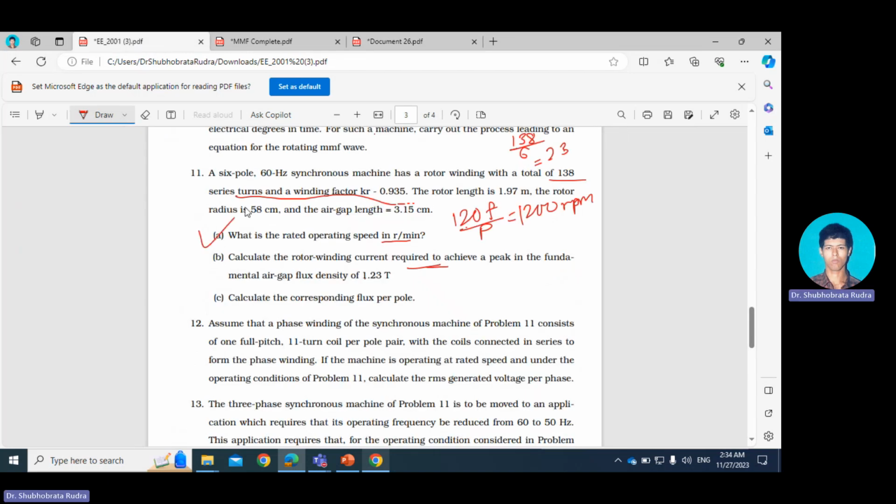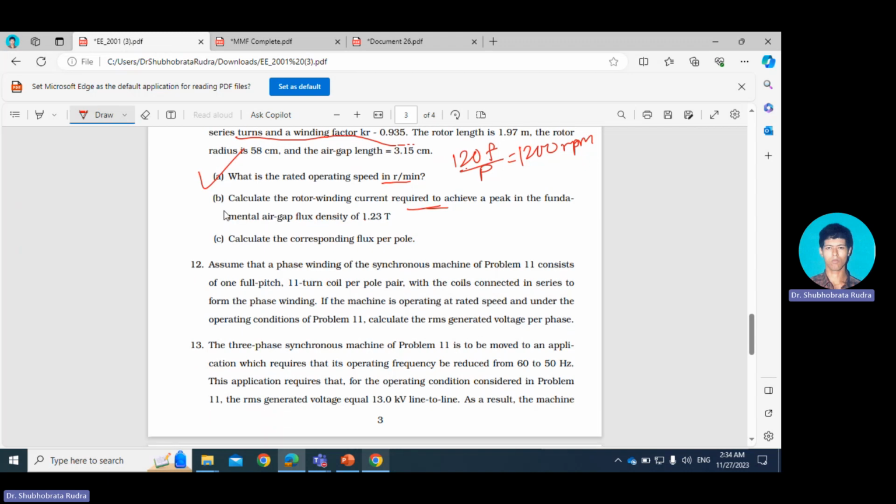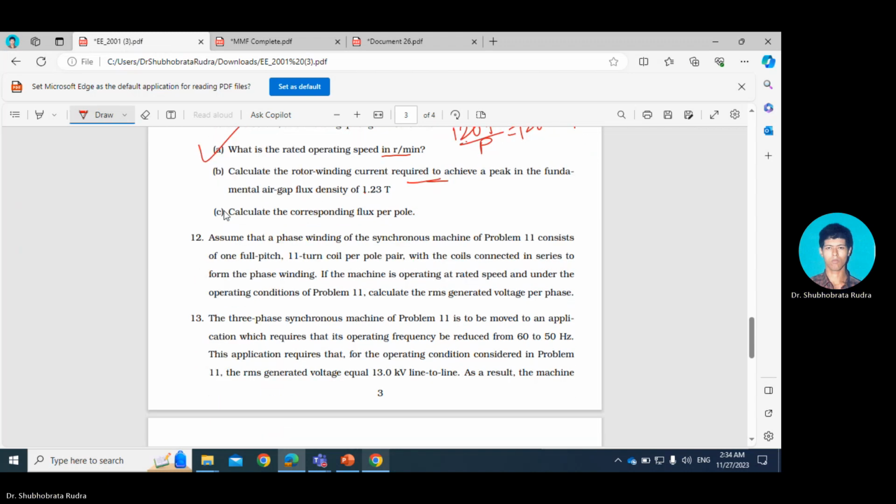Okay, so our 11 is solved. Now let us go to 12. Assume that the phase winding of the synchronous machine of problem 11 consists of a full pitch 11 turn coil per pole pair with the coil assumed... Okay.